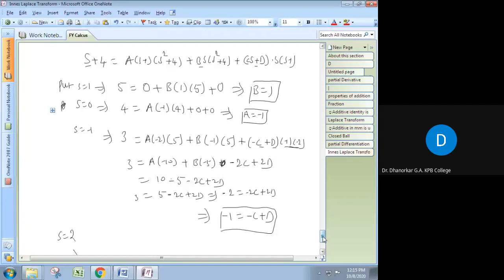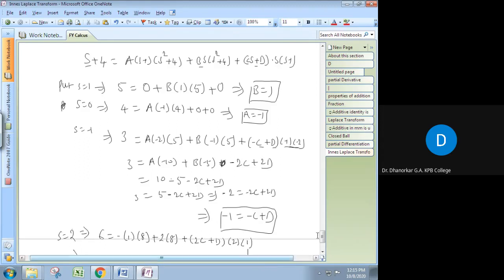This is equal to 6. Right. This is 6 equal to, I will put directly the value of a. Value of a is minus 1. This is minus, this is 2, this is 1, this is 2 square, 4, 4 plus 4, 8, plus the value of b is 1. This is 2 into 8 plus 2c plus d. I am directly putting here. This is 2 into 2 minus 1 is 1.